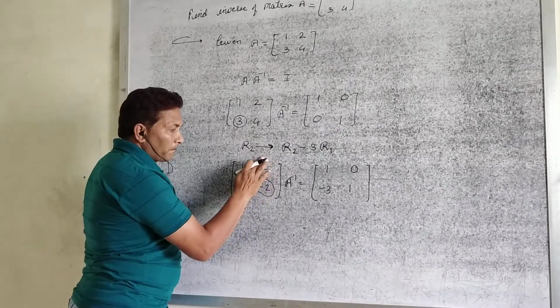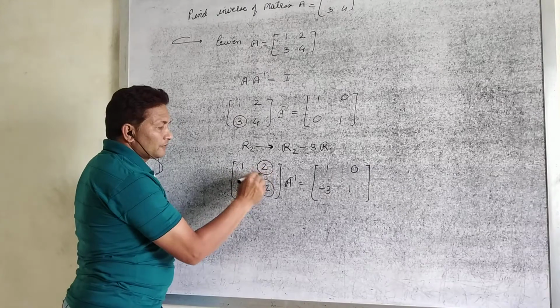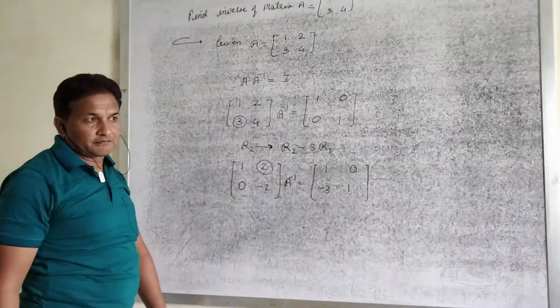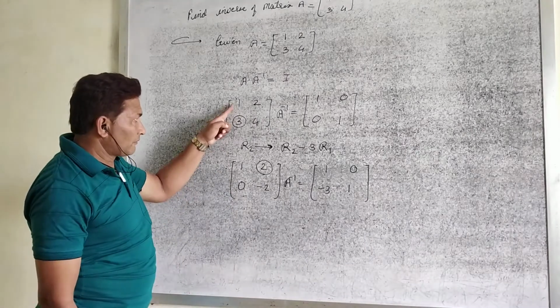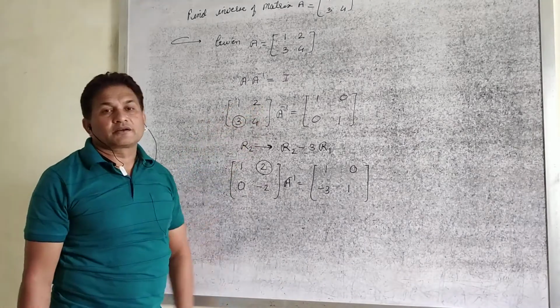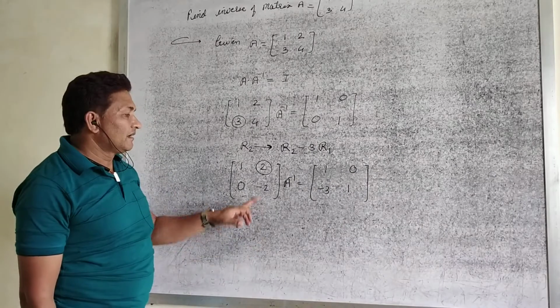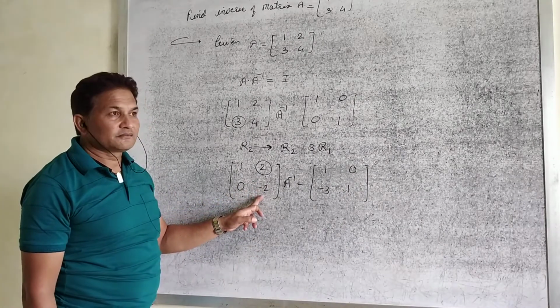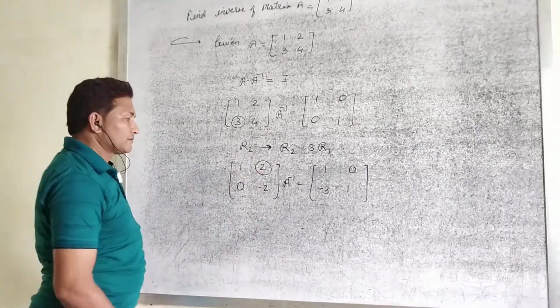Now we want here 1 and we want here 0. So first we convert 2 into 0. We can interchange the steps. Follow one direction while converting into identity. But here we are converting minus 2 into 1. We are changing 2 into 0.